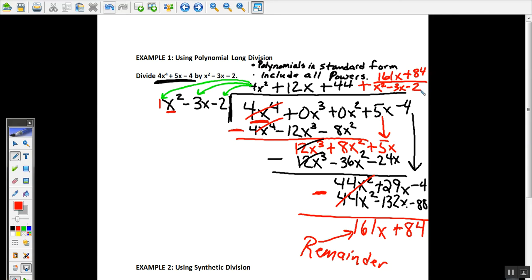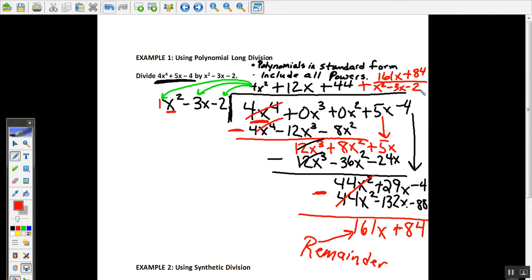Okay. Now, here's the situation today, kids. Right up here, we were dividing by something that had x to what power? Okay, I've got bad news. If your leading degree, or the degree of the divisor, is 2 or higher, you're going to have to do it that way.